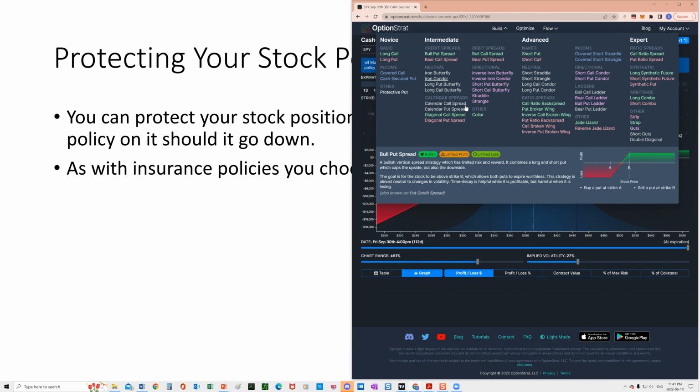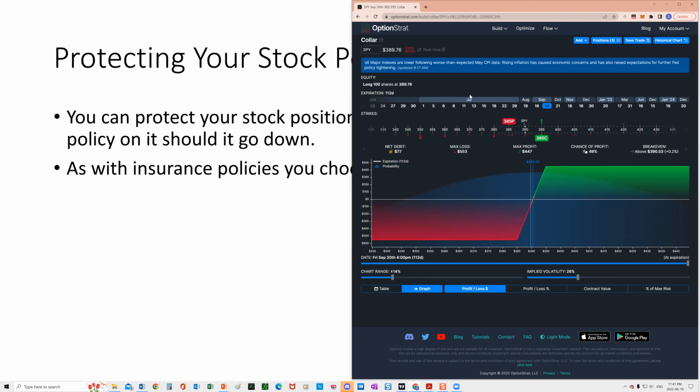Why do we not see? Oh, here, collar. Okay. And so the same idea. You sell the put. Oh, sorry, you buy the put, so that acts as your protection, and then you sell the call. And the idea is that you are protecting yourself in a certain range.